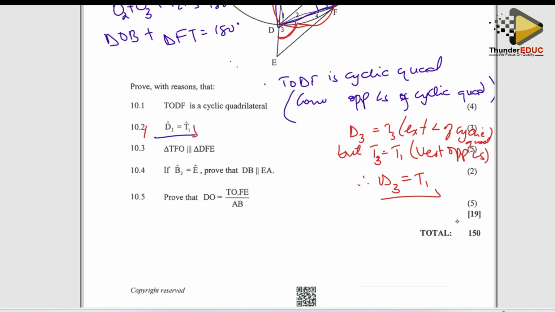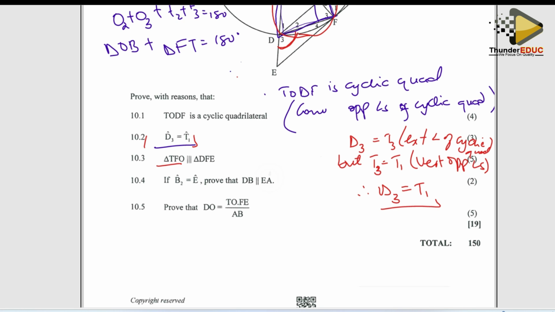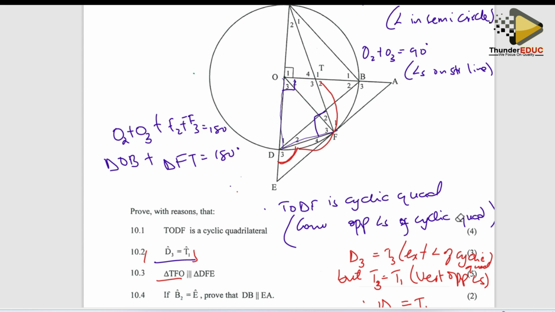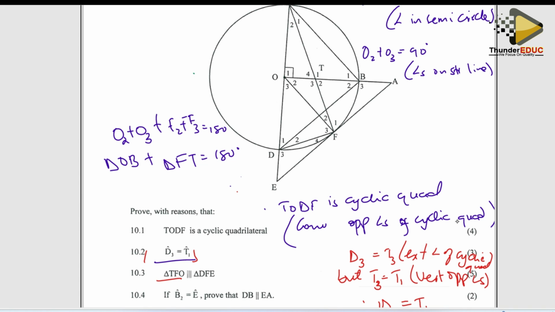Okay, so that is for the angles. And then they want us to prove that these triangles are similar. Let me try to use different colors. So we have triangle TFO, this triangle. So we say this is the same as that.